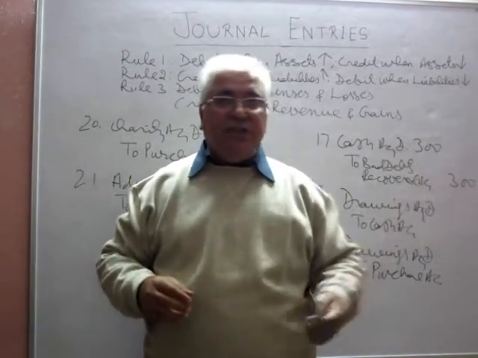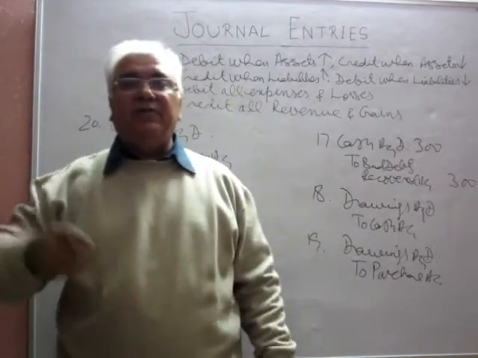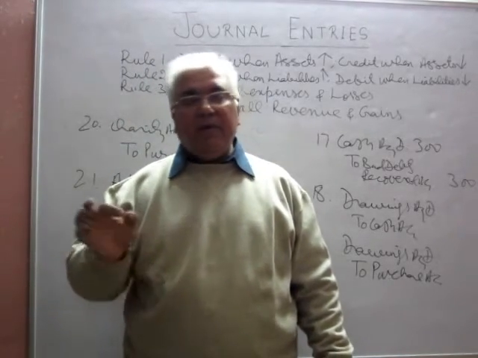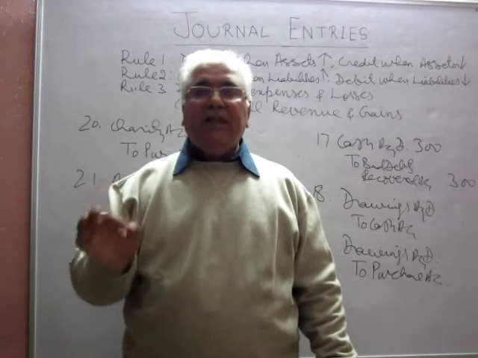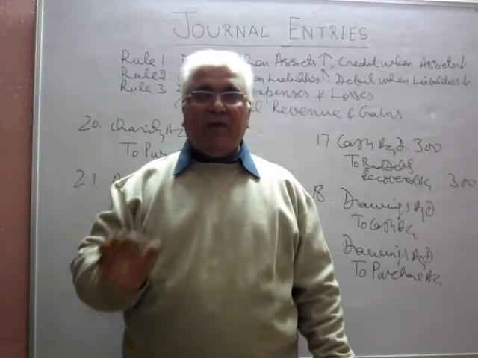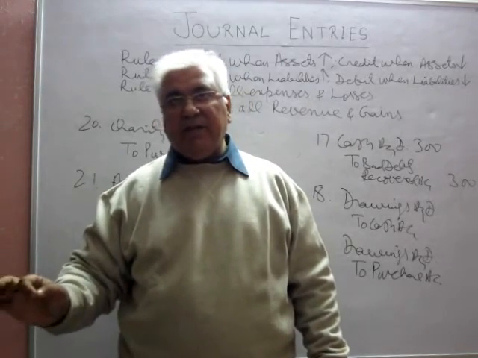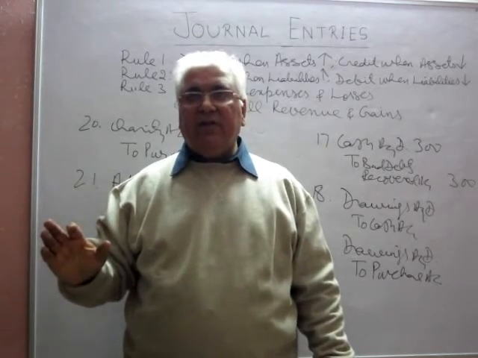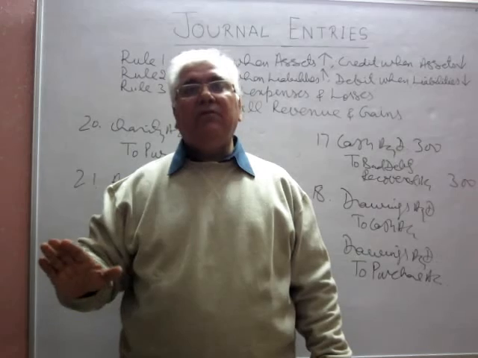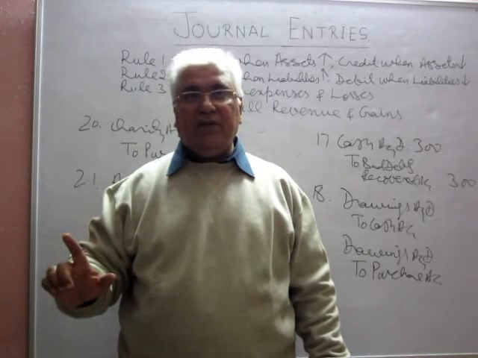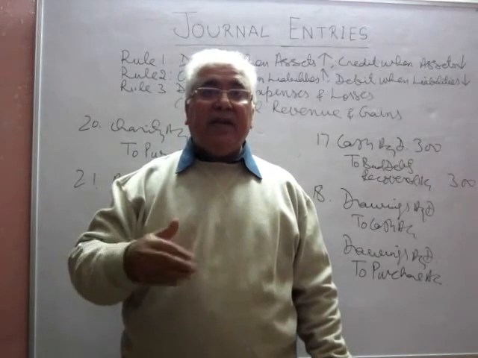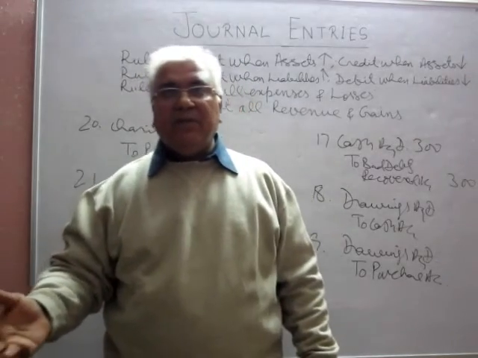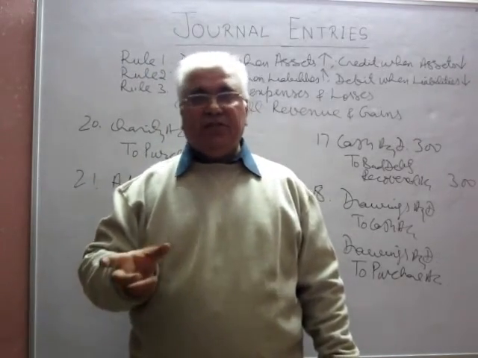While bringing the machinery to our premises, we might have paid some freight, etc. What has to be done in this case? Remember one thing, all the expenses paid by you for bringing the machinery to your premises, like freight, octroi, or all the taxes, all will be debited to machinery account. Because in technical language we say all those expenses will be capitalized, this being an asset, machinery.